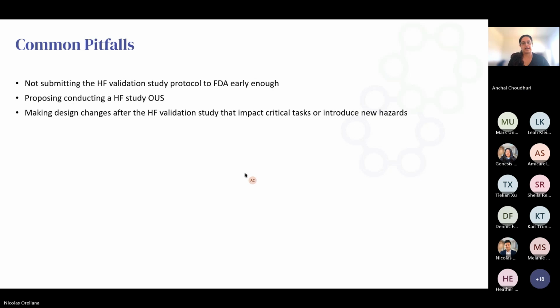Occasionally it's possible to justify not doing that new study, but it is something to consider. You really want to, as much as possible, try to have a locked-in design before you start that human factors validation study.